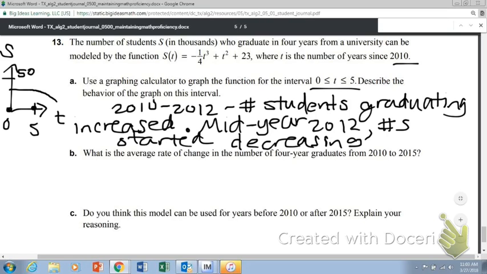Okay, so 2010 is your t equals 0, basically, right? So it's kind of going up, and then it starts to decrease.